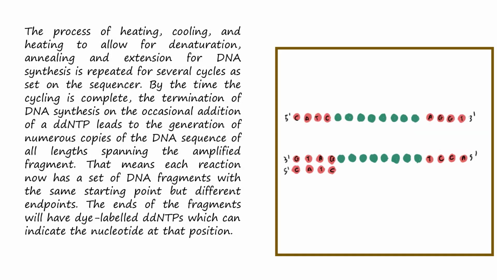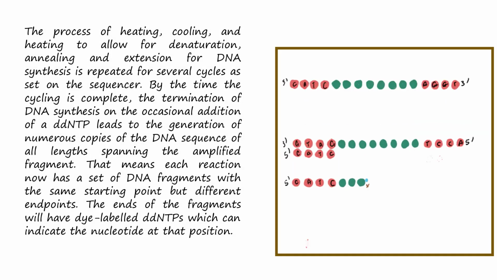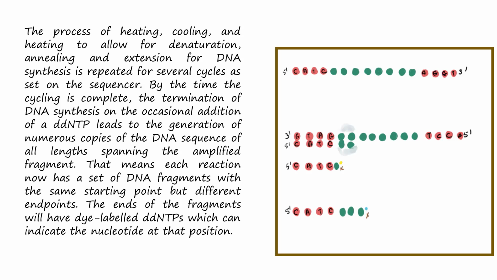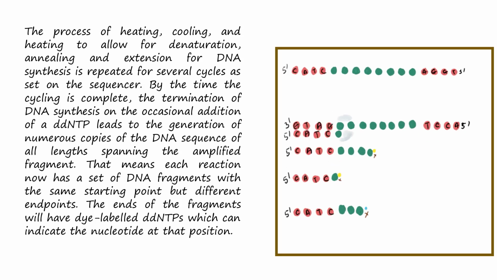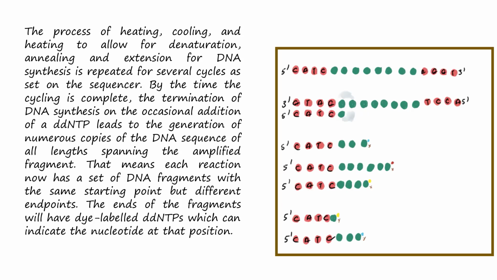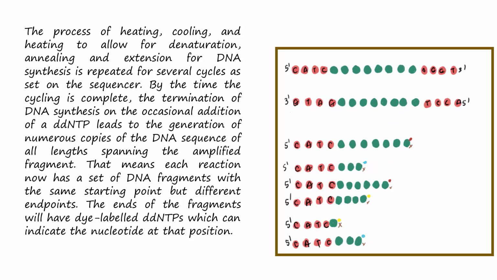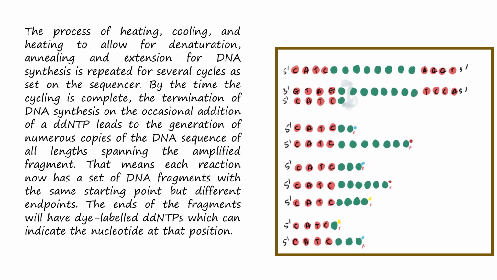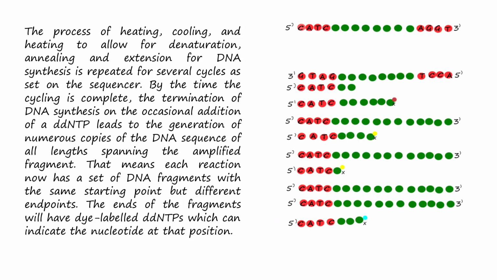The process of heating, cooling, and heating to allow for denaturation, annealing, and extension for DNA synthesis is repeated for several cycles as set on the sequencer. By the time the cycling is complete, the termination of DNA synthesis on the occasional addition of a ddNTP leads to the generation of numerous copies of the DNA sequence of all lengths spanning the amplified fragment.